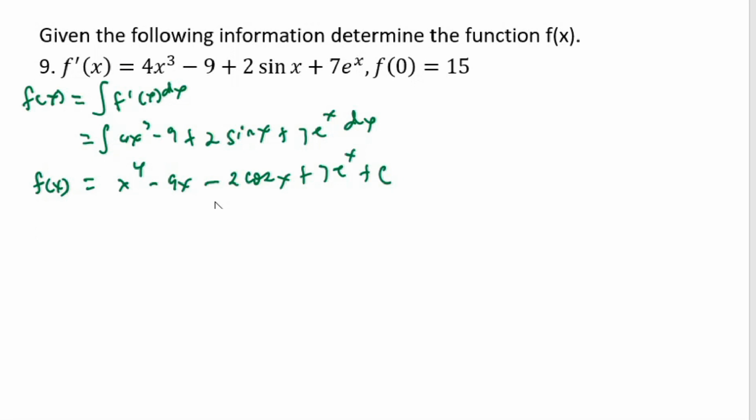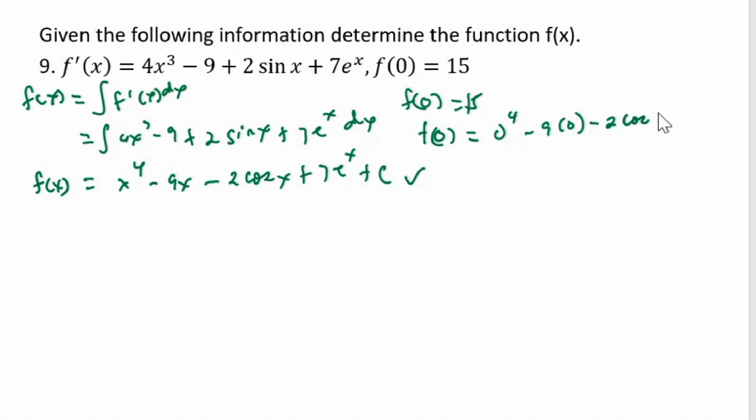But since we have another given, f of 0 equals 15, I can write f of 0 is equal to 15, and then I will replace x by 0 in this equation. So we have f of 0 is equal to 0 raised to 4 minus 9 times 0 minus 2 cosine of 0 plus 7e raised to 0 plus a constant.